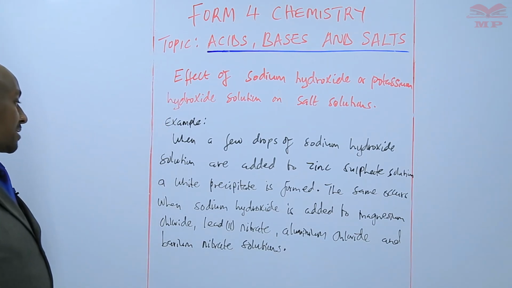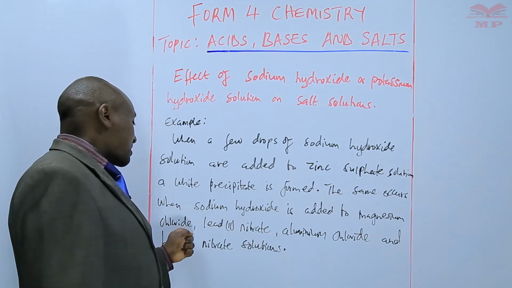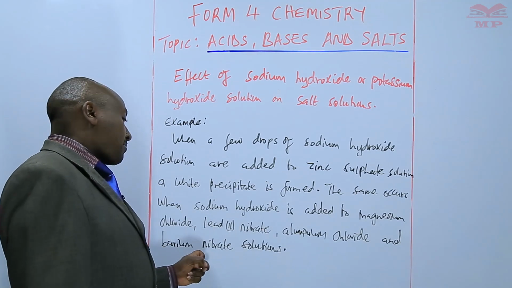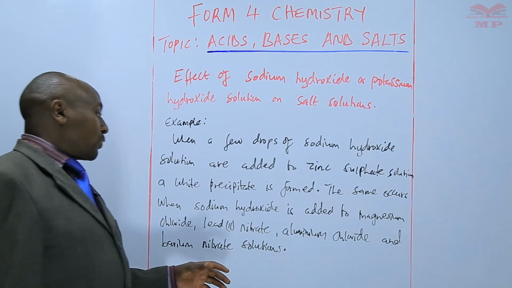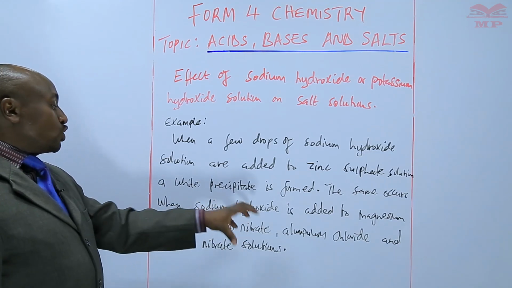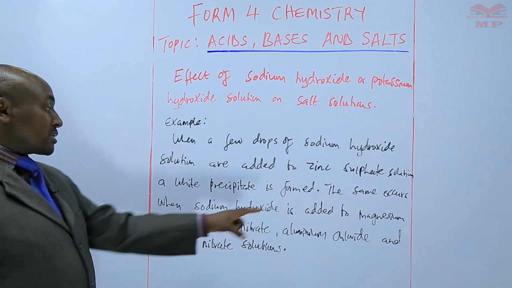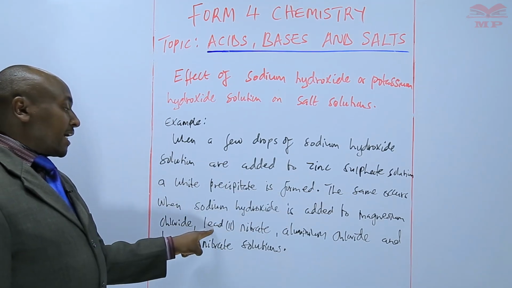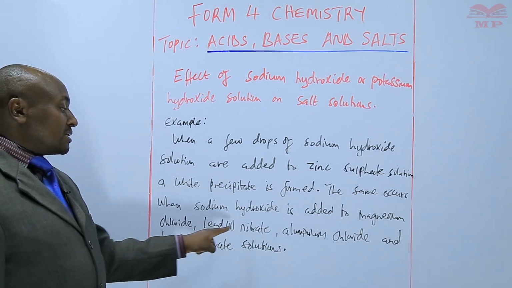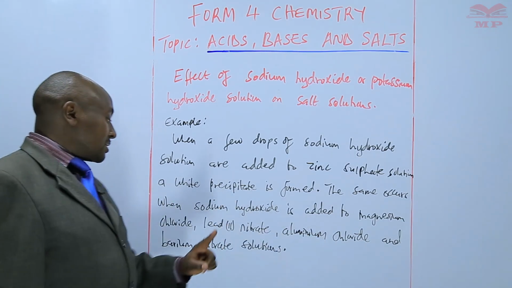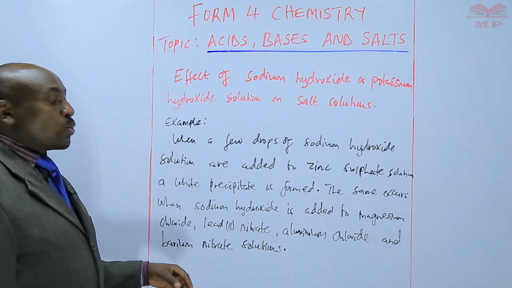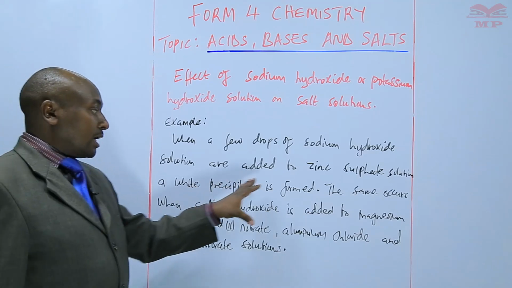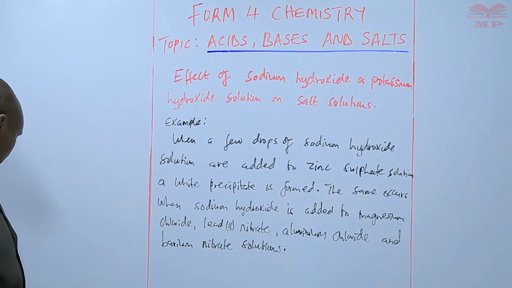The same applies to magnesium chloride, lead 2 nitrate, aluminium chloride, and barium nitrate solutions, because sodium hydroxide introduces hydroxide ions to form magnesium hydroxide, lead 2 hydroxide, aluminium hydroxide, and barium hydroxide, which are white precipitates. That's why the behavior in all of these is the same.